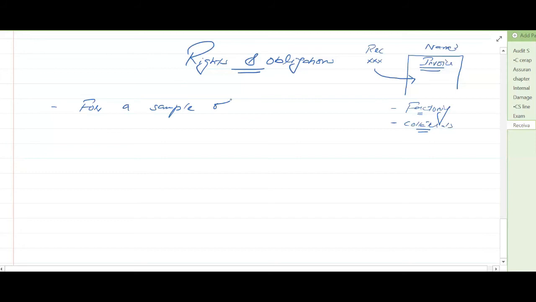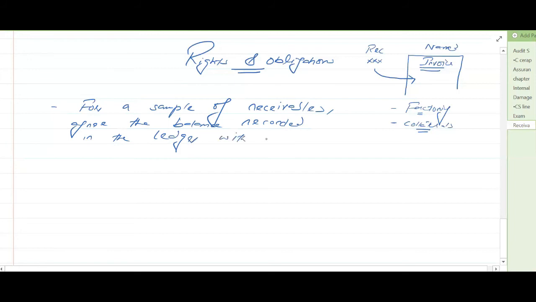For a sample of receivables, agree the balance recorded in the ledger with the balance on the sales invoice.